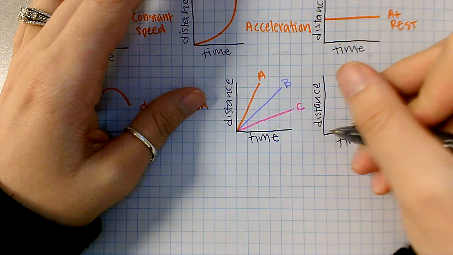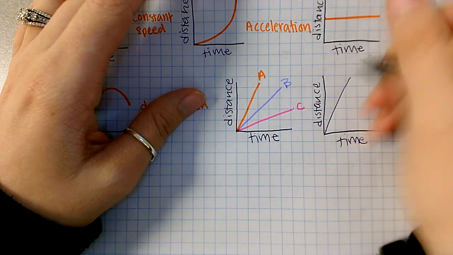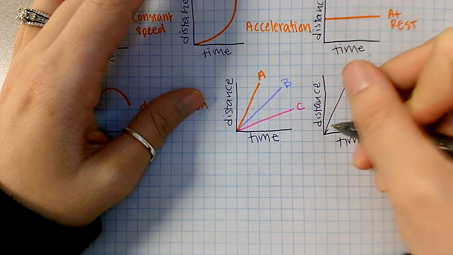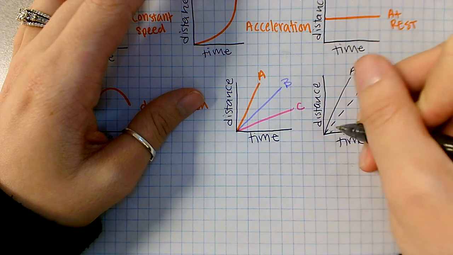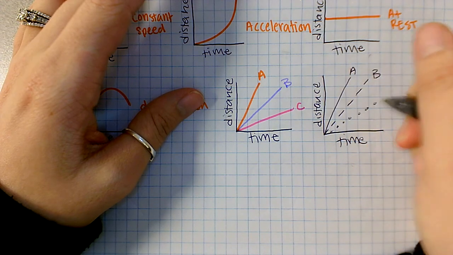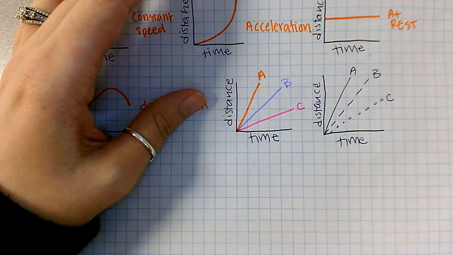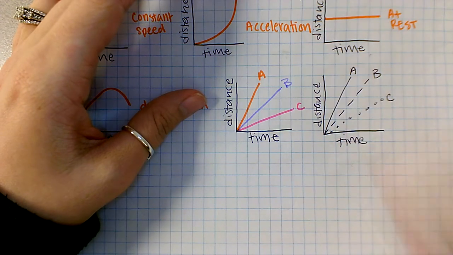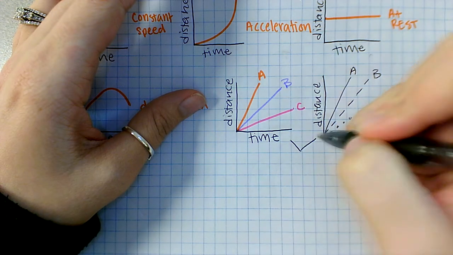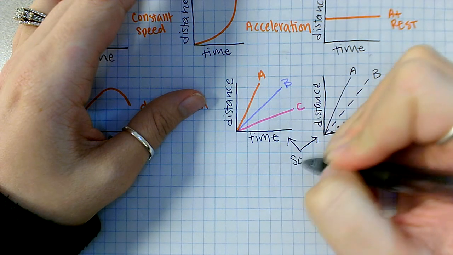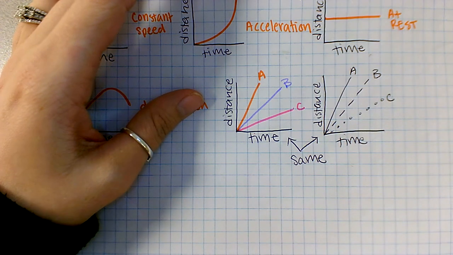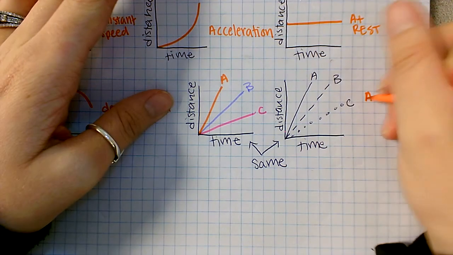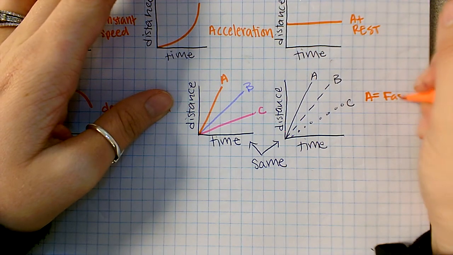What you can do is you can do one line, you can do dashes for B, and then C is dots. Okay, so same graph. For those of us who have colors and who don't, it's totally fine. So A is the fastest.